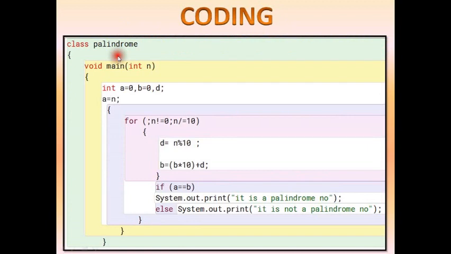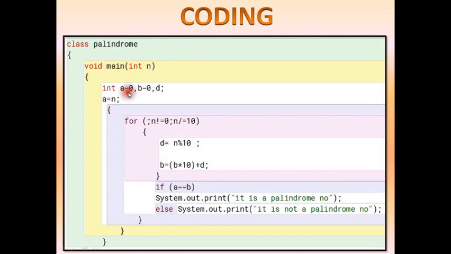We took void main int n. So n is basically the value which the user will enter. We have assigned int a equal to 0, b equal to 0 and d. D is for the digit to be extracted. Similarly, like the previous program, I have assigned a equal to n. So for n not equal to 0, n will be divided by 10.